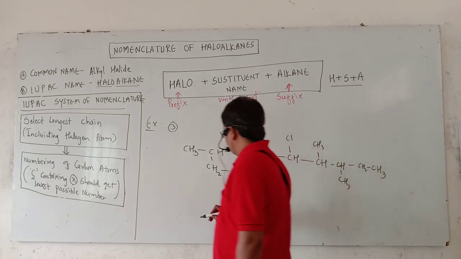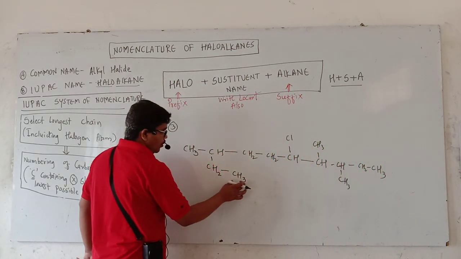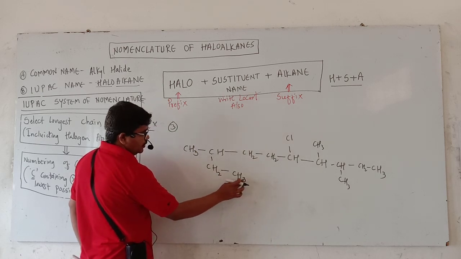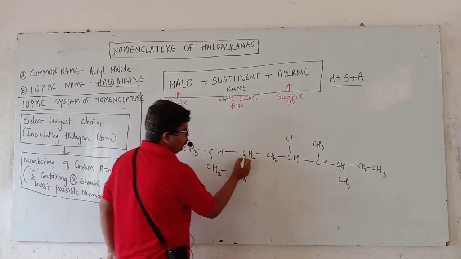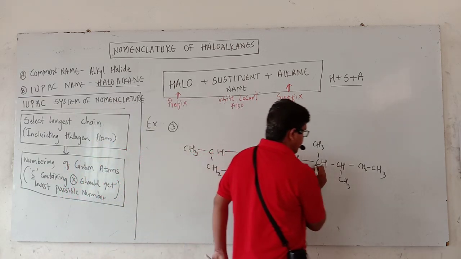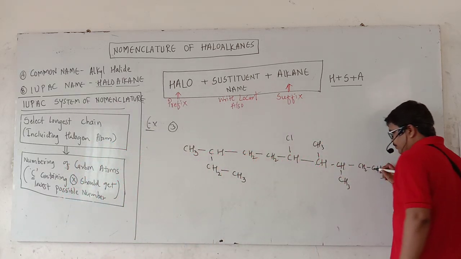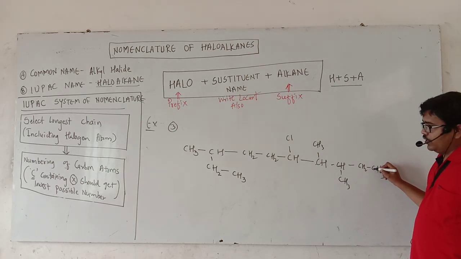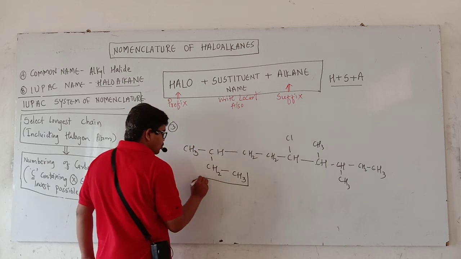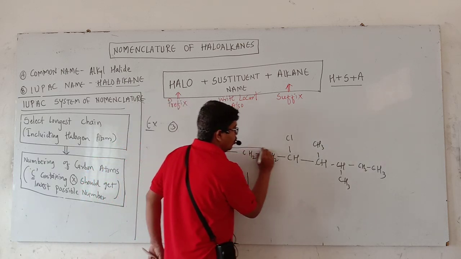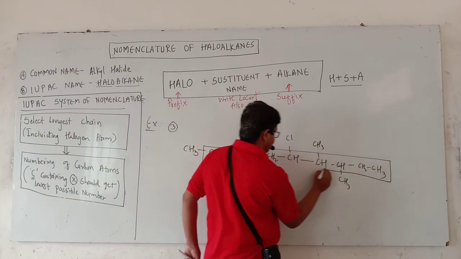But if I will consider from this carbon, then 1, 2, 3, 4, 5, 6, 7, 8, 9 and 10. It contains 10 carbon atoms. So maximum number of carbons are enclosed in this chain. So this will be the longest chain.